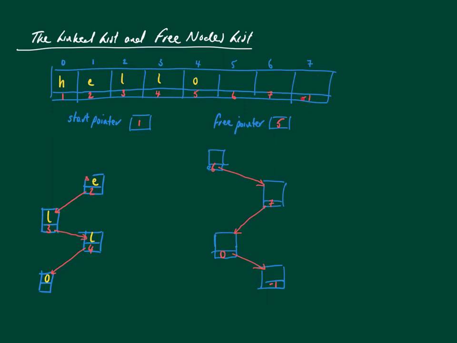It was previously the null pointer, but now we've changed it to point to the 0 element, which was previously H. Now that node in the free nodes list has the null pointer. We'll just update this array at the top to show you what it looks like in real life. And there we go. Now the 7th element of the array has a pointer to position 0, and that is now the end of the free pointer list.